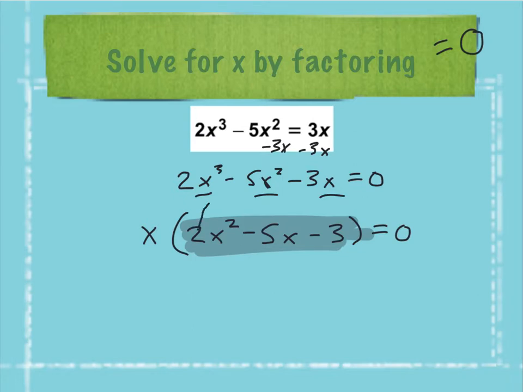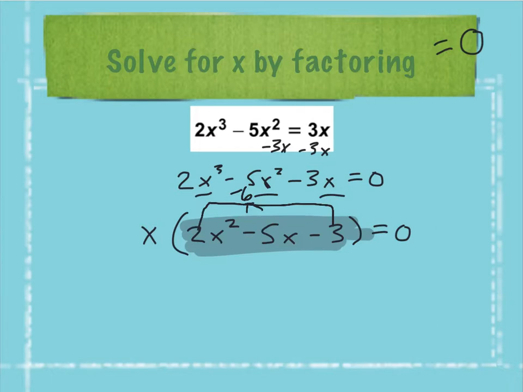Remember when we did this and we multiplied the first and the last? And we got -6, and then we need two factors of -6 that add up to -5. So what would our factors be? -2 and -3.